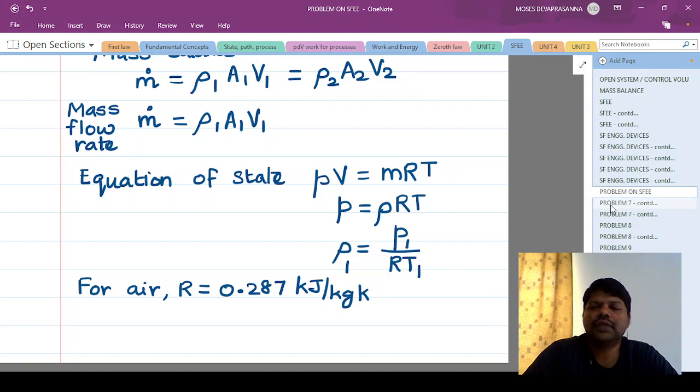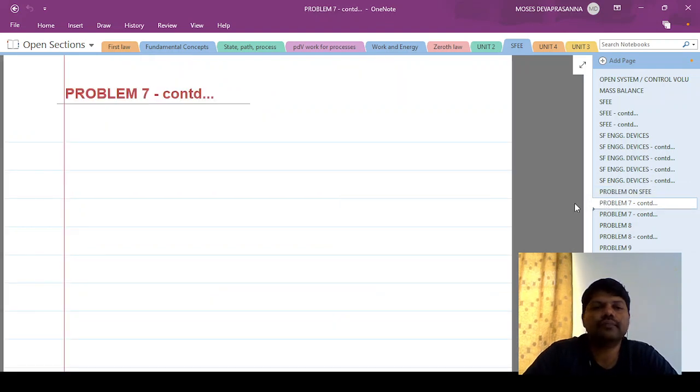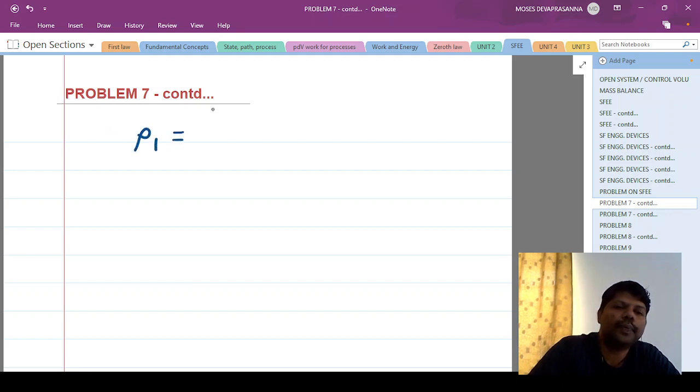So let me go to the next page. Here I will write rho 1 is equal to P1 by R T1. The given value of P1 is 80 kilopascal.